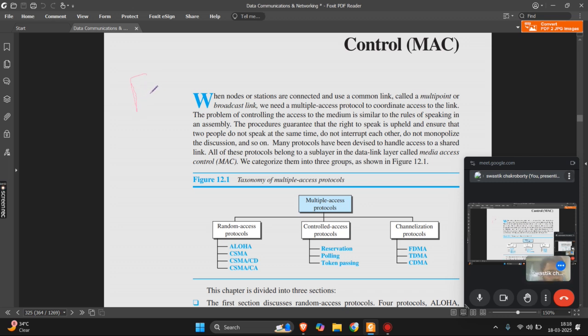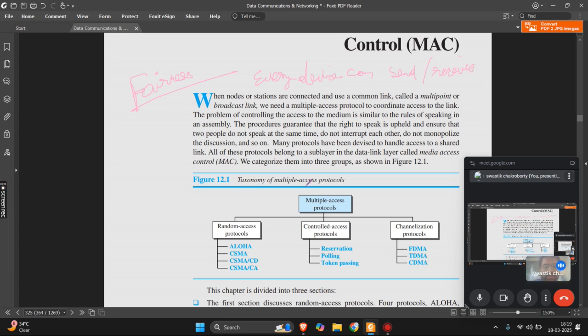The main task is to ensure fairness, so that every device can send or receive irrespective of the data that it has to send or receive.